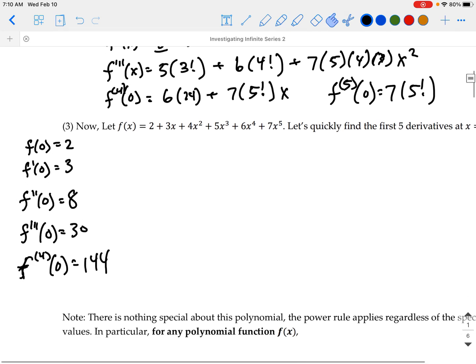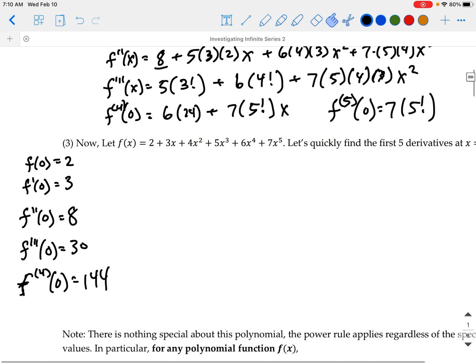So that's going to be a big number. 5 factorial is 120 times 7, which is going to be 700 plus 140, so I think 840. Maybe double check me on that. So 700 plus 140, I think, gives us 840. And so we get our quick derivatives here.